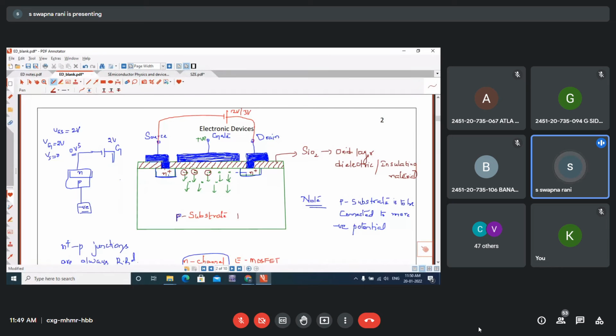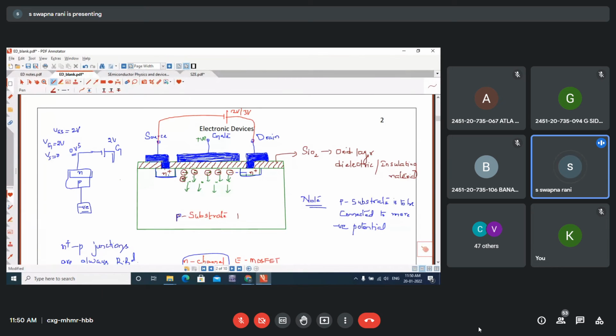When holes are leaving, the acceptor atom acquires a negative charge. How does a hole disappear? When the acceptor atom gains an electron, that electron occupies the place of a hole. So when an atom acquires an electron, it becomes a negative ion. So the negative ions are created.